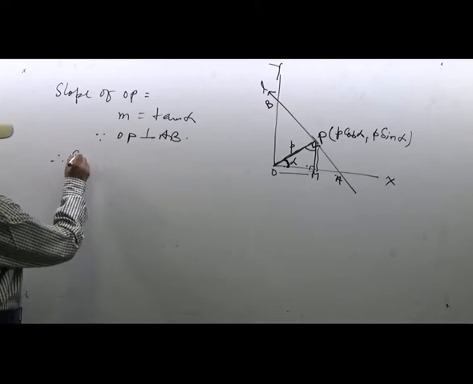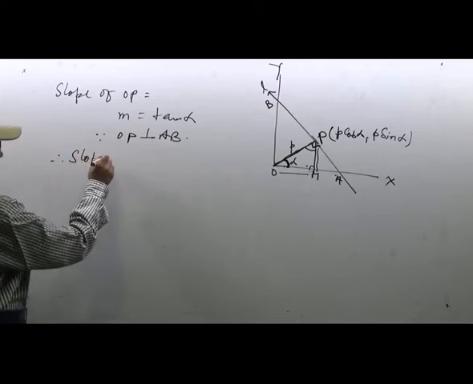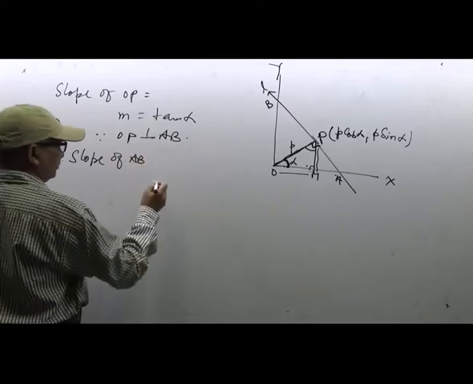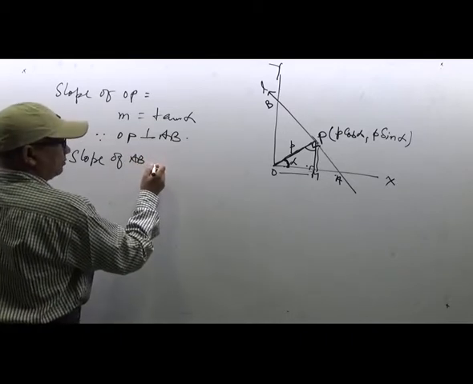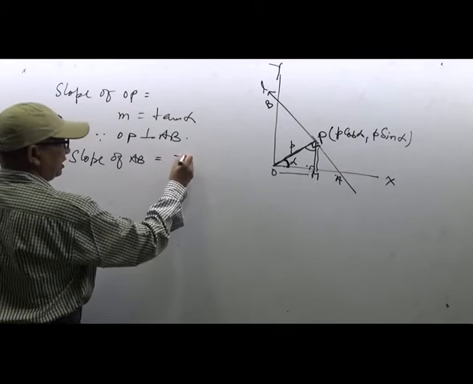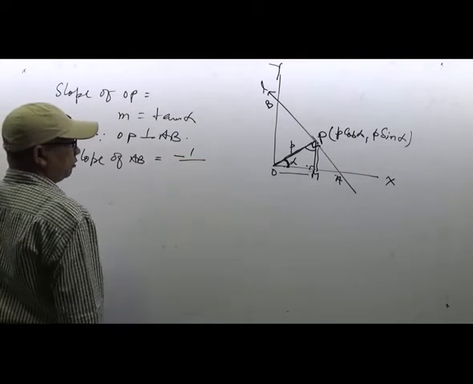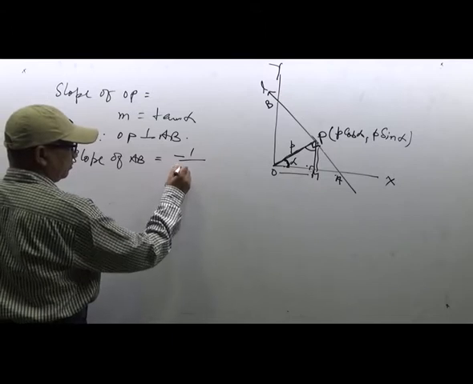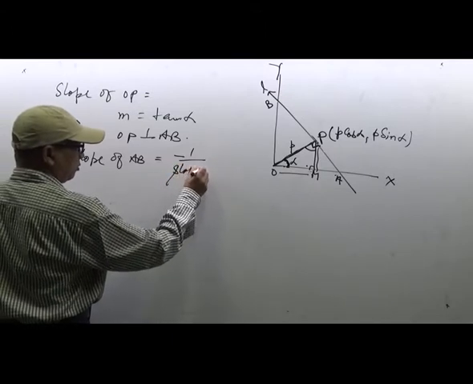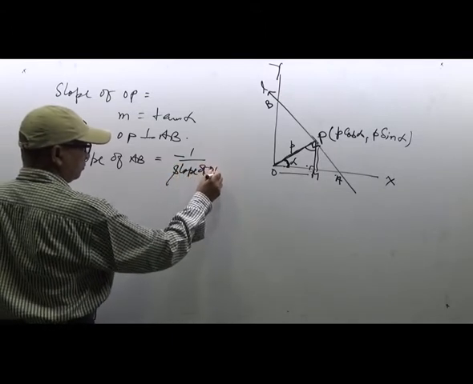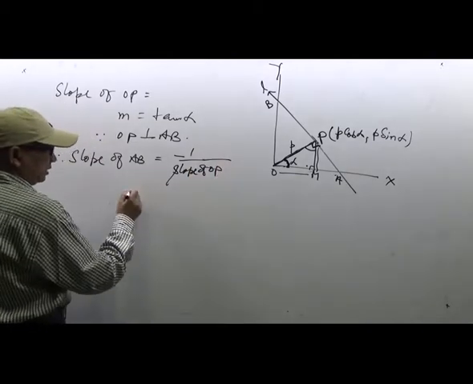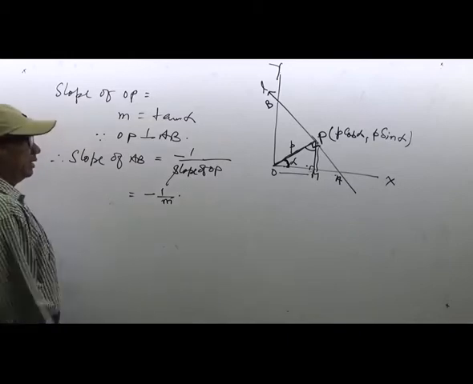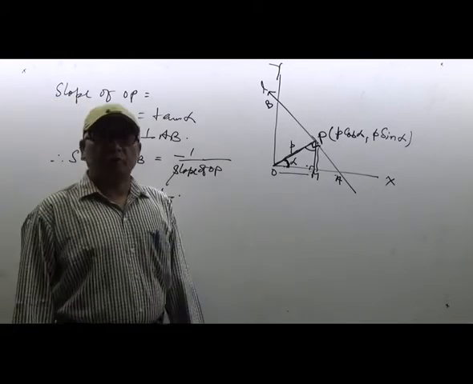Therefore, slope of AB, that is L, is equal to -1 by slope of OP, which is -1 by M. Because M1 M2 is equal to -1.